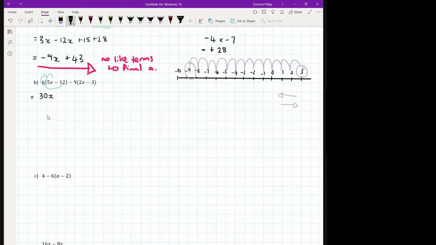And then the next answer is 6 times negative 12, which is negative 72, and then negative 9 times 2x is negative 18x, 100%, and then negative 9 times negative 3 is positive 27.